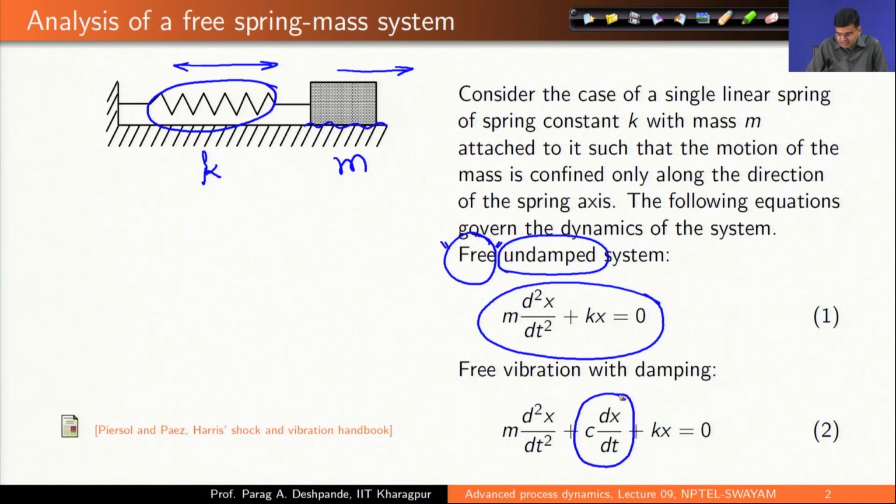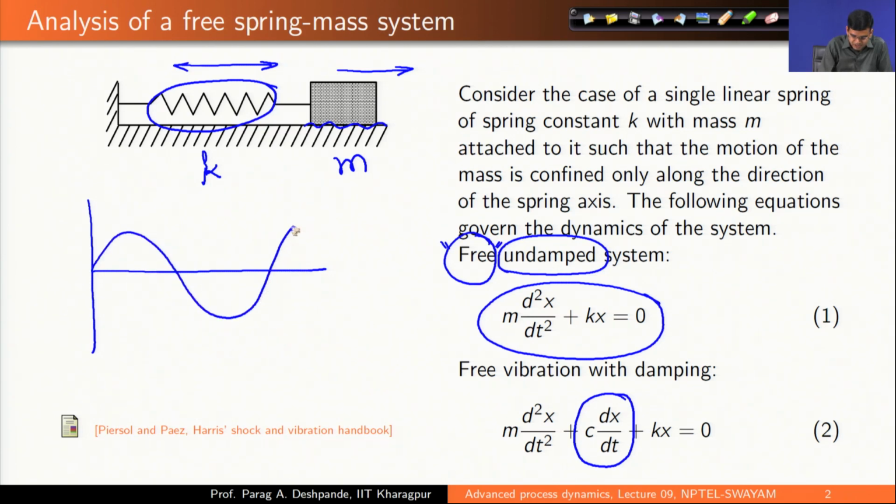So, what is the meaning of damping? Let us now define what damping is. Well, you have a spring and we expect it to oscillate, we expect vibrations in the system. So, there would be oscillatory behavior in the system, and if the system does oscillate with a constant amplitude at a constant frequency, then you say that the system is undamped. So, you have certain amplitude here, let us say this is A, and in the second cycle again if it is A and so on, then you say that it is an undamped system.